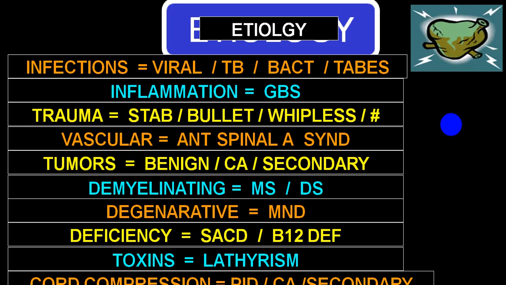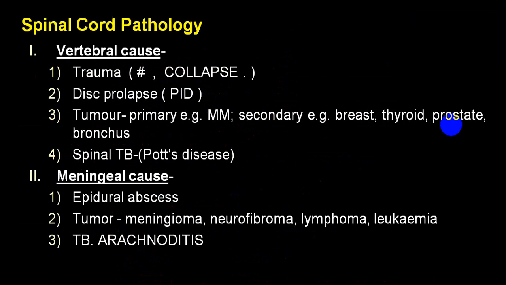And you can have multiple different types of presentation in the prolapsed intervertebral disc. You can have secondary metastasis, abscess, hematomas, etc., which can produce cord compression. It can be partial or complete.